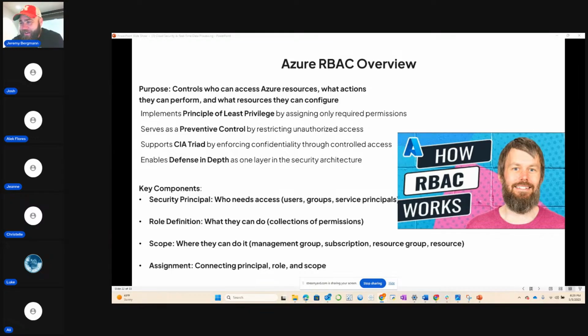But besides that, it was a very simple video showing how I set up a user in Azure AD and then assigned role-based access to a resource group for that user to be an owner and be able to delete the resource group and do whatever they wanted with it.